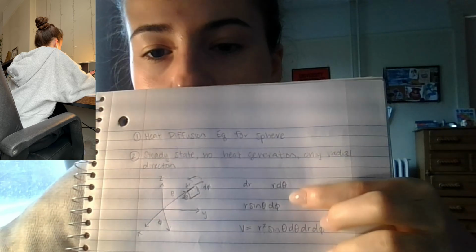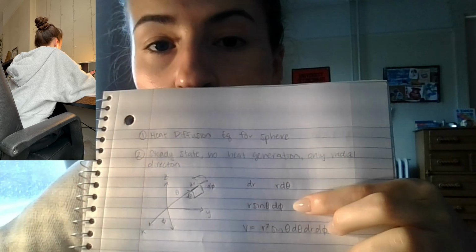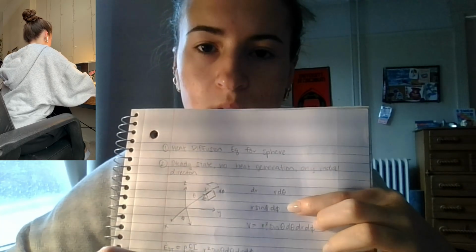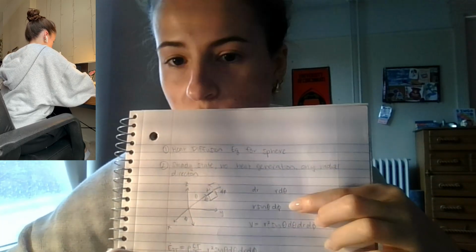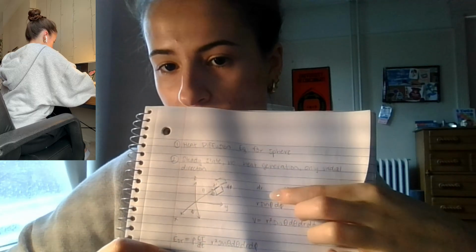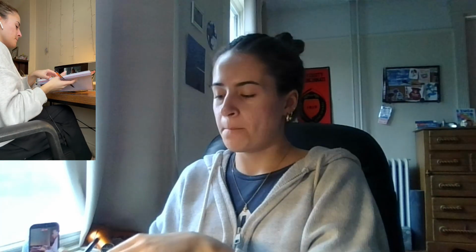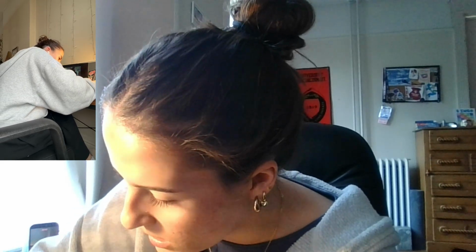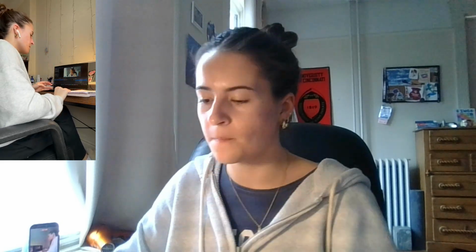We're going to have to do these two whole values here in order to get the cross-sectional area, because we do need this to be in the correct units of meters squared, and you don't get that unless you add these r's in here too. So the cross-sectional area will be r squared sine theta d theta d phi, and then times dT over dr.